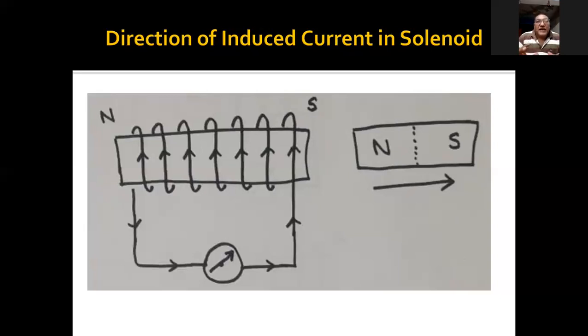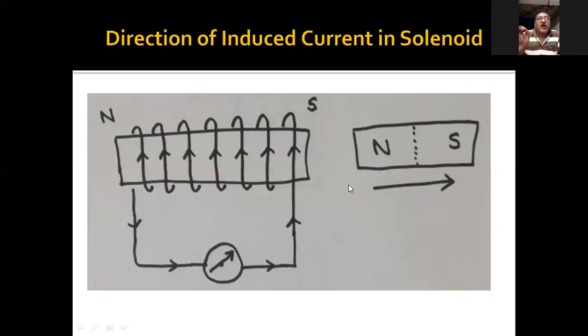The magnet which will be formed on the solenoid will be in such a way that it will try to oppose the motion which is inducing it. So this north pole is going away. To stop it from going away, the right side of the solenoid will become the south pole, and then this side will obviously be the north pole.